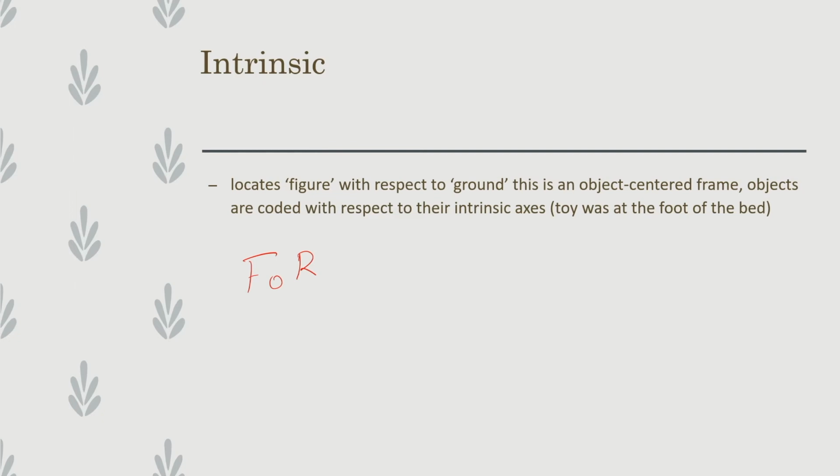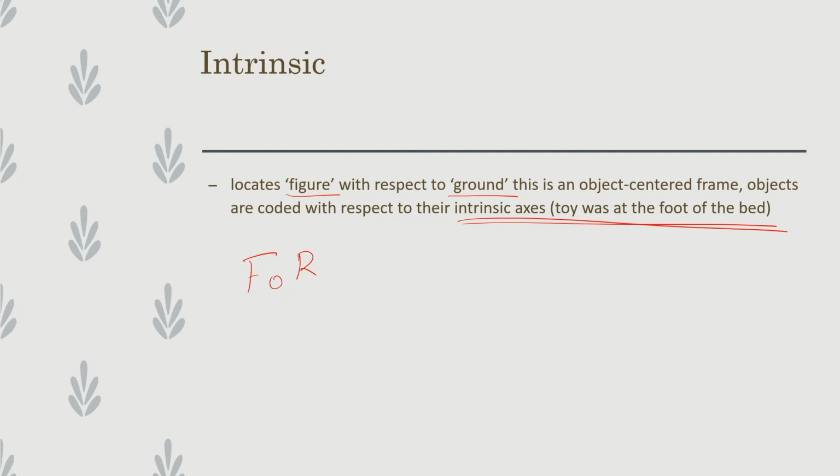Now, intrinsic frame of reference locates the figure with respect to ground. Now, this is an object centered frame. So, objects are coded with respect to their intrinsic axis. So, the ground, that is the bigger object with respect to which the figure is located, will be given a kind of a coordinate system, as if the ground itself has some kind of an axis, which of course is derived from the ego's axis. So, the foot of the bed is always down and the top of the head of the tree is always up.